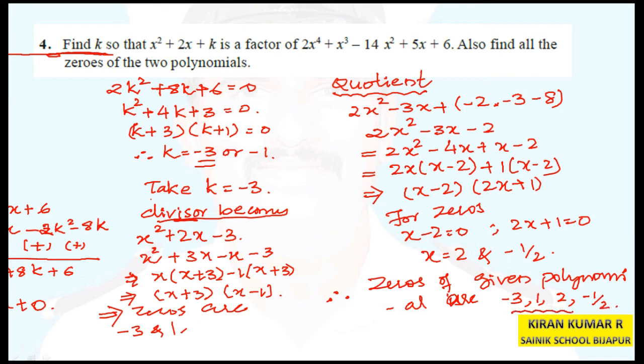Since it is a biquadratic polynomial, we have got 4 different zeros.